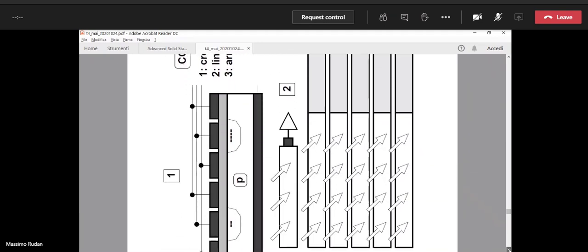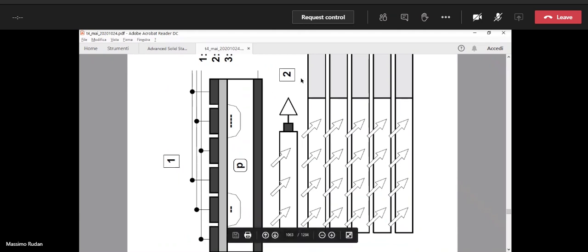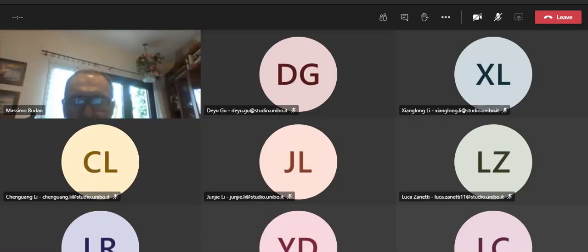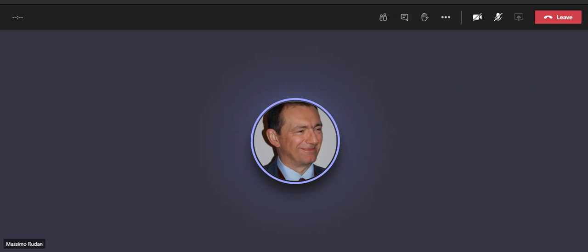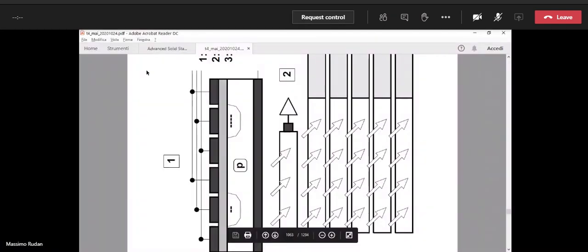Obviously we would like to transform the linear array made of an individual CCD into a two-dimensional array, in order to be able to detect a full frame of an image.